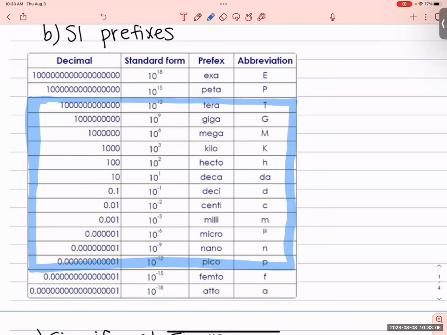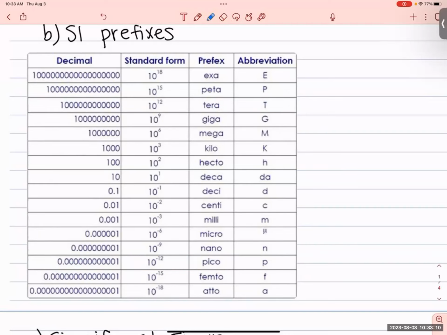For this specific class, tera down to pico. However, things may change after I make this lecture video, and there may be more added or removed. So check your memorization list.